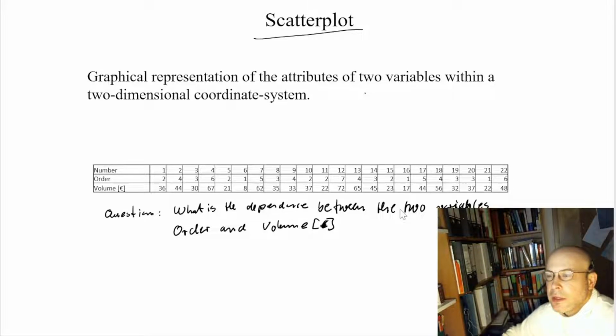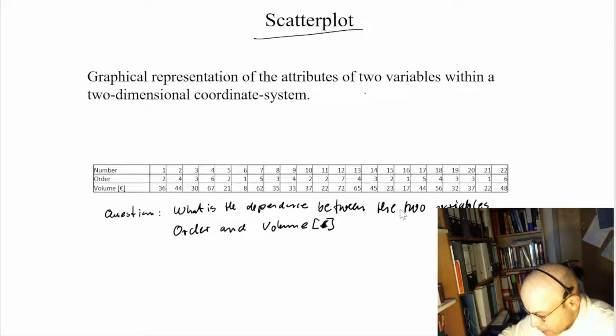And for this we represent these two variables in a scatter plot.